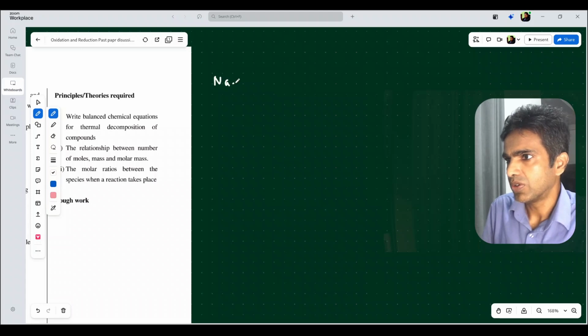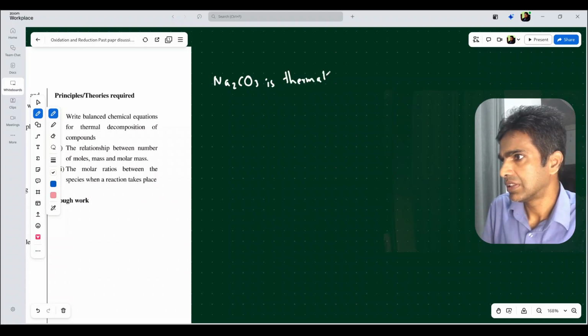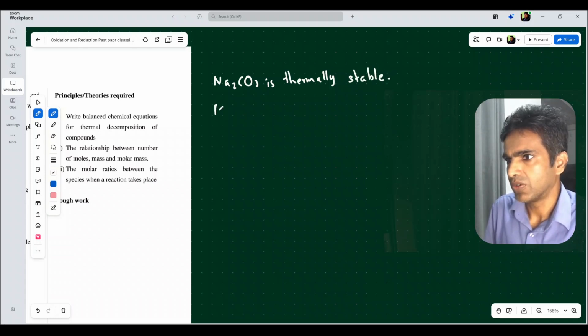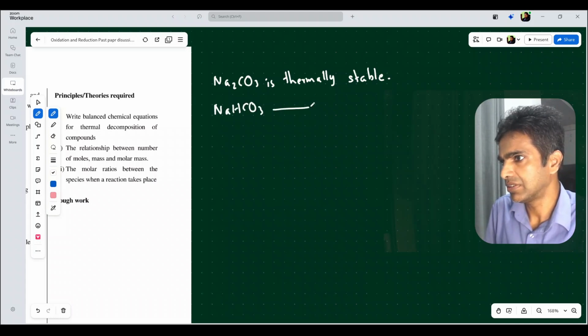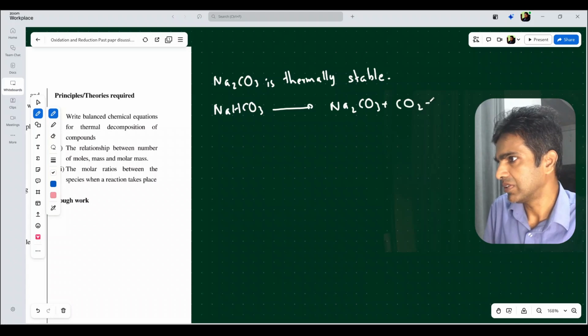We know that sodium carbonate is thermally stable. Then what about sodium bicarbonate? When we heat sodium bicarbonate, it decomposes to sodium carbonate, carbon dioxide and water vapor.